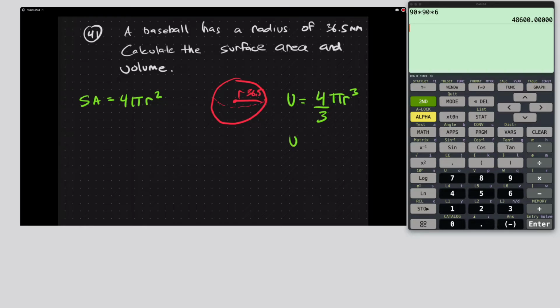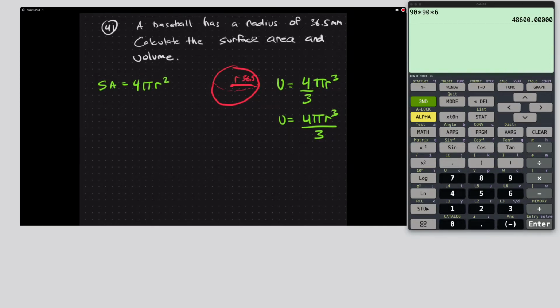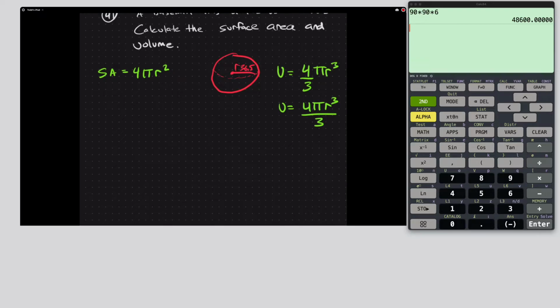This can be rewritten as 4 pi r cubed divided by 3, probably an easier way to punch that into the calculator. So really all we have to do is take this number of 36.5 and shove it into that r, and the question's done. It's just a calculator exercise, really.